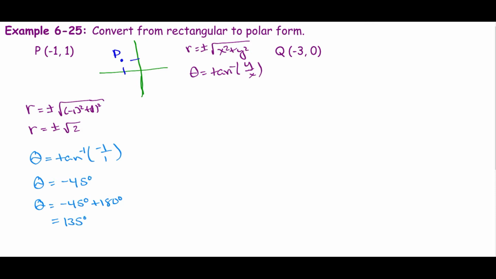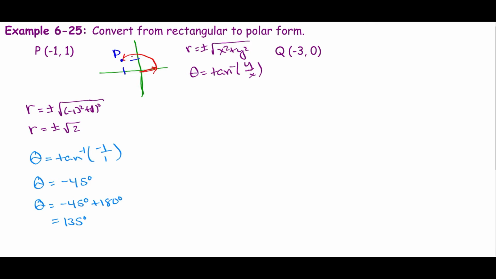Now I've got two values for r, plus and minus radical 2, and two values for theta, -45 and 135 degrees. Now we just have to figure out how these pair up to be in the appropriate quadrant. If I use the positive rotation, so I come out to positive radical 2 and rotate over here, I need to look at this and say, is this a -45 degree rotation or a 135 degree rotation?